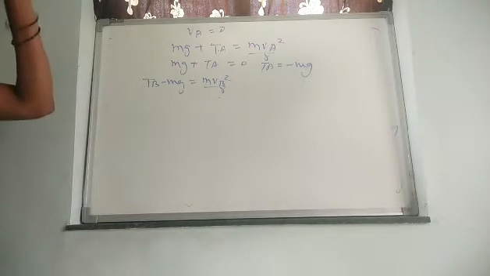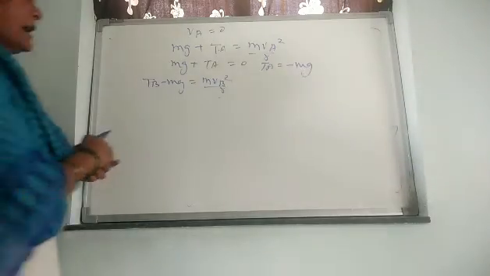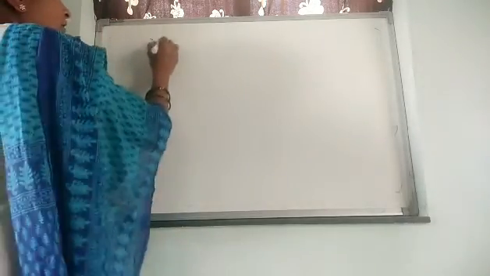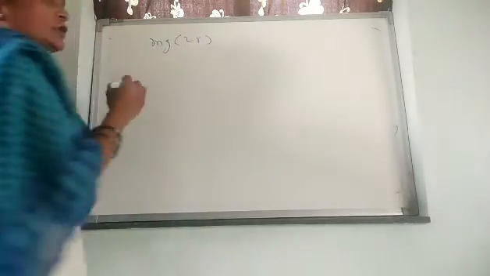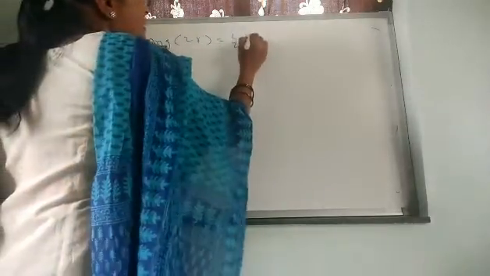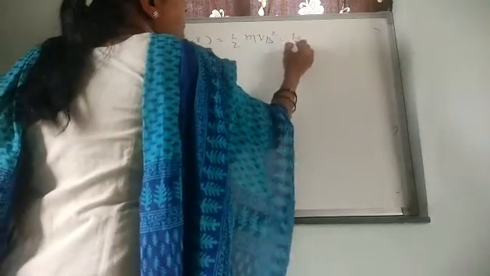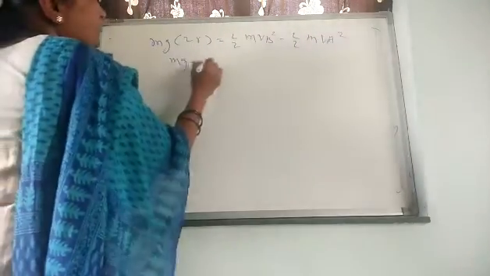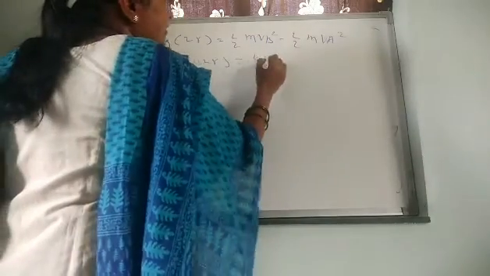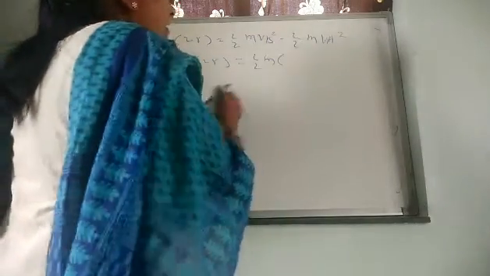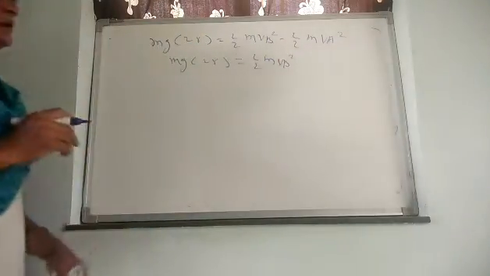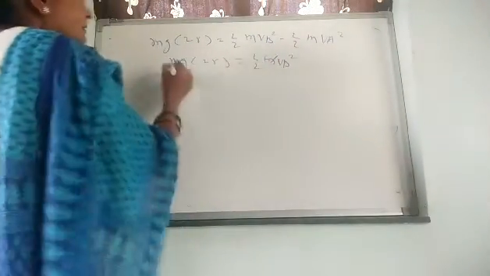We want to find the velocity at the bottom and at the top position, that means Vb and Va. As we have seen, the decrease mg into 2r is equal to 1/2 m Vb square minus 1/2 m Va square. That means mg into 2r is equal to 1/2 m Vb square. m gets cancelled.